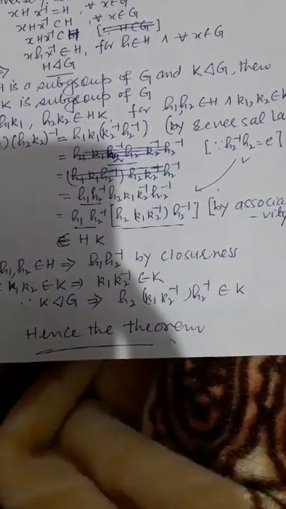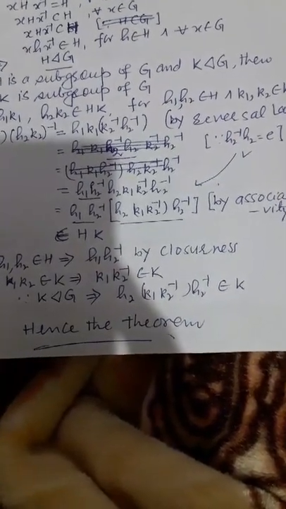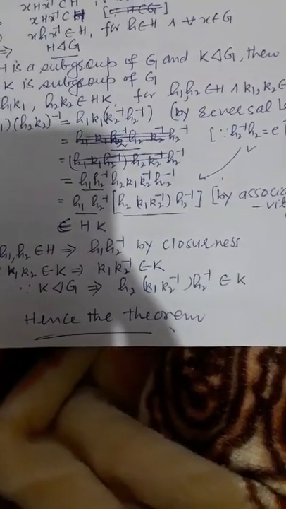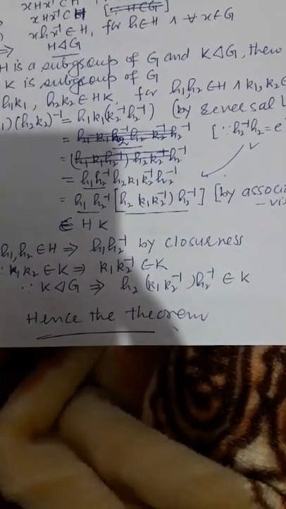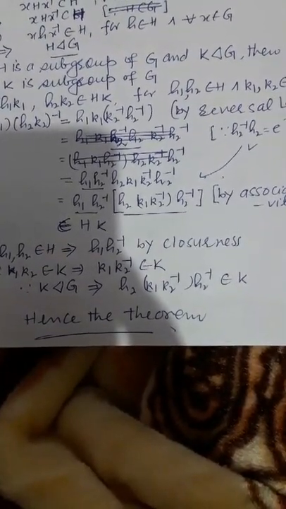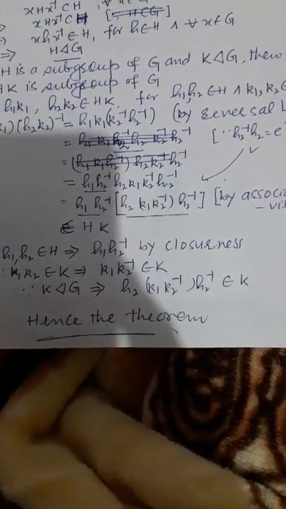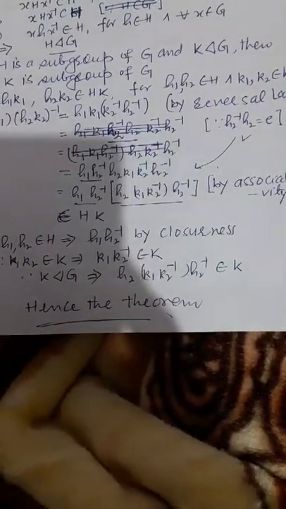This h2 appeared magically, but it can be done by great experience. So h2 inverse h2 is added because it is nothing more than identity. So we group h1h2 inverse and h2k1k2 inverse h2 inverse. By associativity, we can make groups.